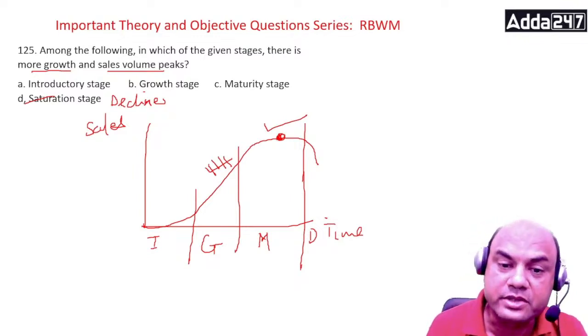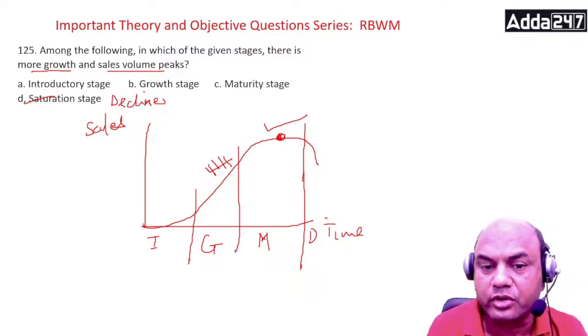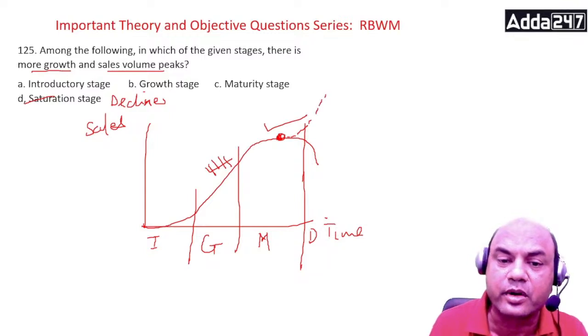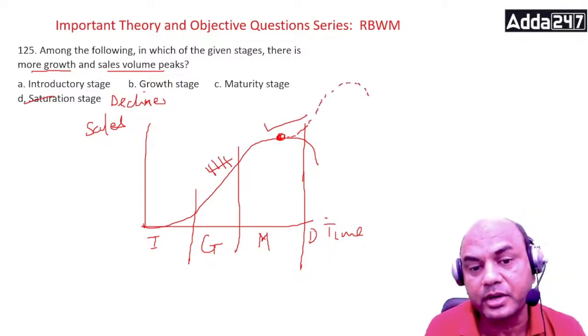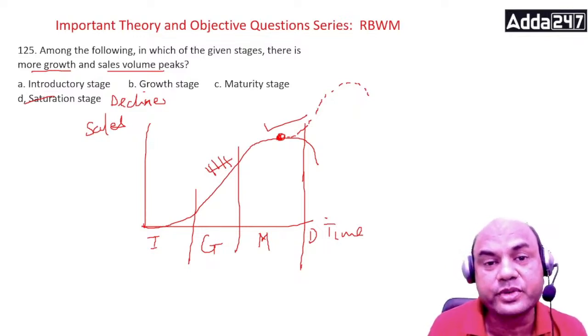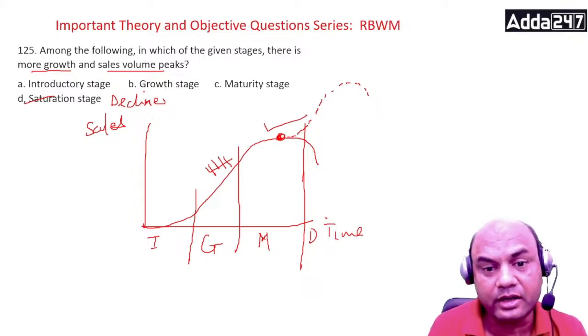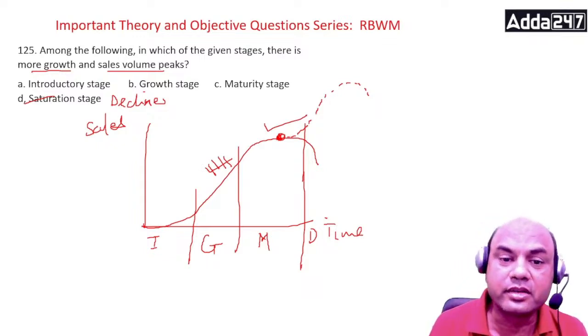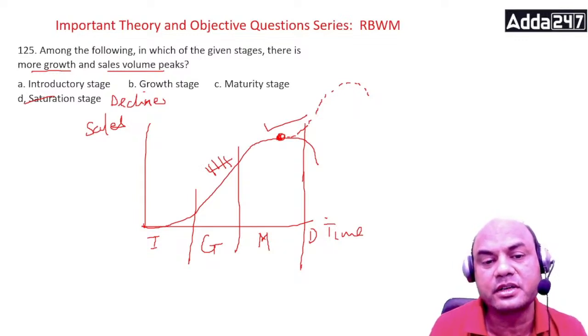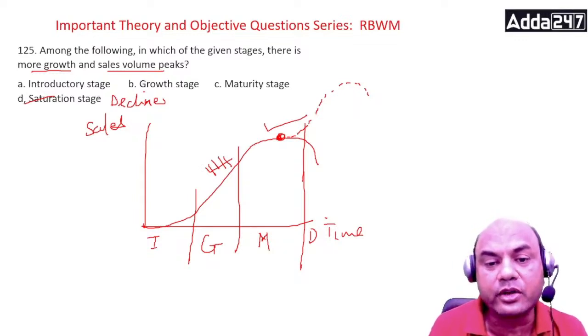When your product matures, remember, it is sure to go into the declining stage. So what do you do? You add additional features to this product and a new PLC starts. Always remember, new features are added, like the Alto with changed features. Alto car, right? It went down. Maruti is very good at dealing with this maturity phase. They always add new features and increase the life cycle of that product.